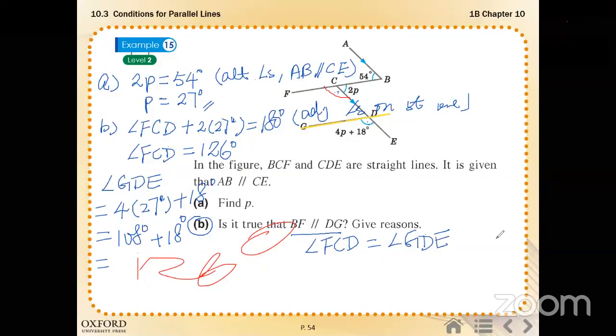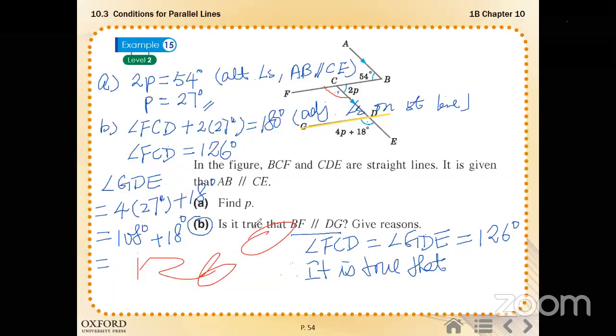because both of them are 126 degrees. And therefore, you can just answer the question: it is true. Because you are answering, don't write "is it".